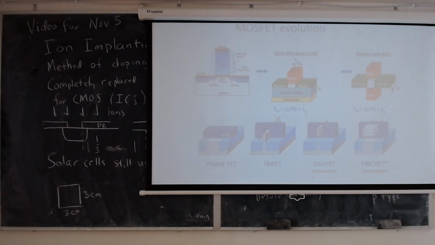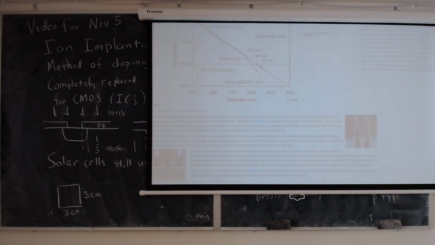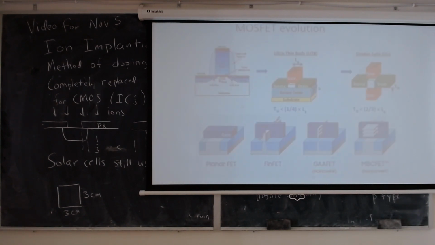And apparently, and I was unaware of this, we reached the planar MOSFET limit, meaning using devices where the channel was in the plane of the chip, back in 2010 or so. The 10 nanometer process is using what's called FinFETs, which are these devices here. Those devices are where you fabricate a semiconductor ridge.